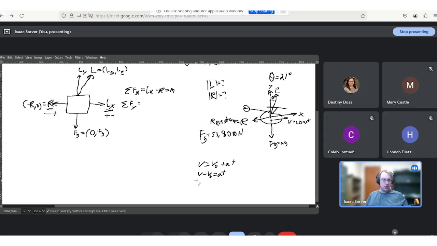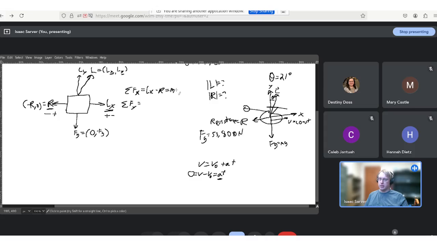Okay, well, v is constant. That means that v and v naught are the same, right? So v minus v naught would be equal to zero. And since time is progressing, which of these two values must be 0? Yeah, my acceleration.